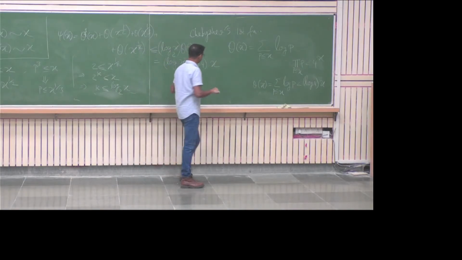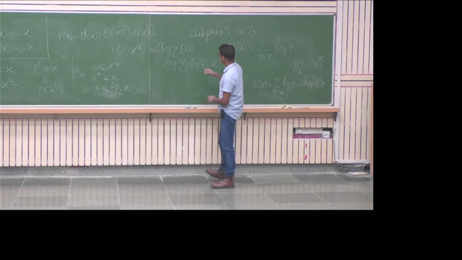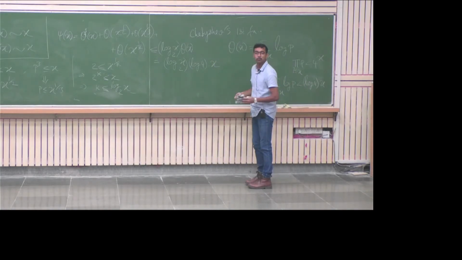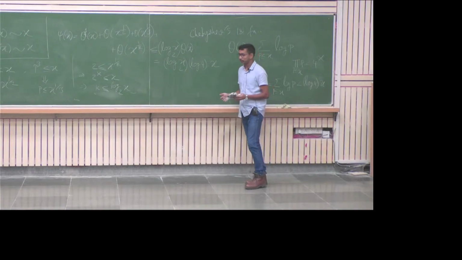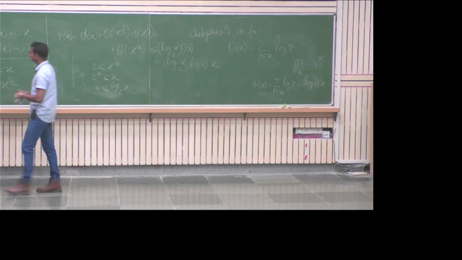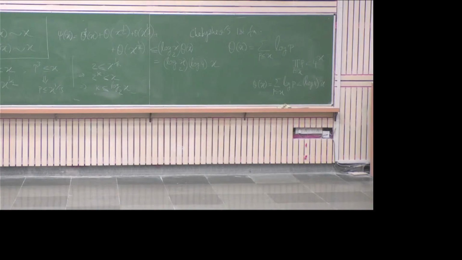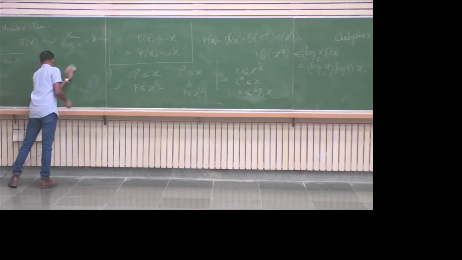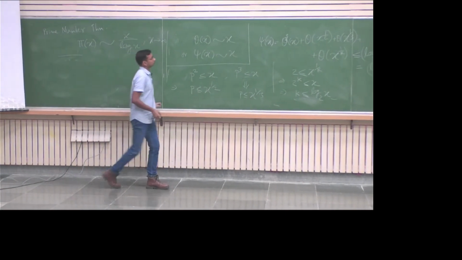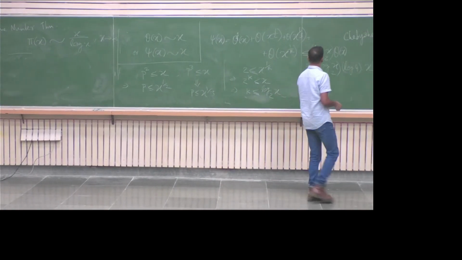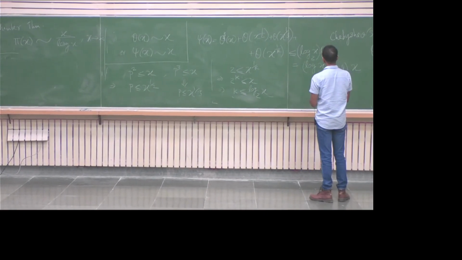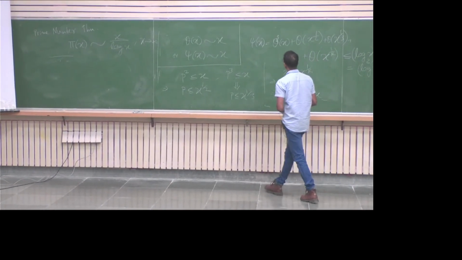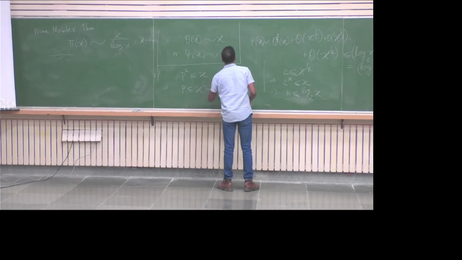We can show that this is actually less than some constant times x, and that would follow from Chebyshev's theorem.